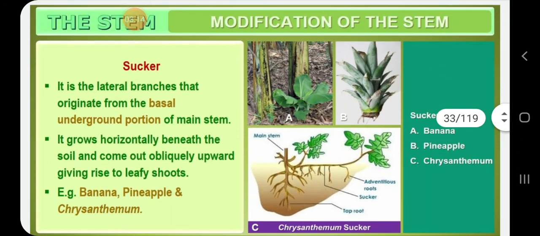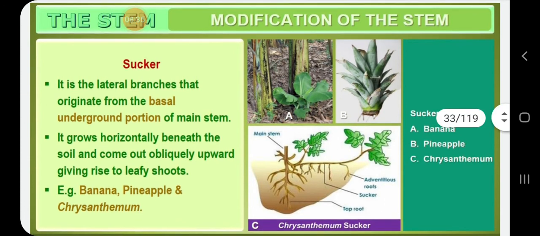Sucker. As the word indicates, it is a lateral branch that originates from the basal underground portion of the main stem. You can see in the diagram that there is a main stem and there is a sucker which is attached to the main plant, and it is known as a sucker.